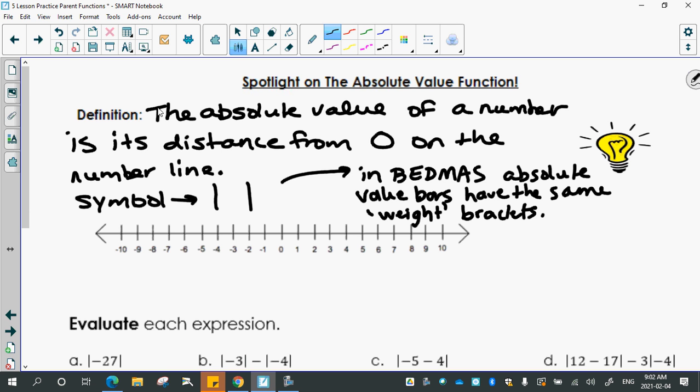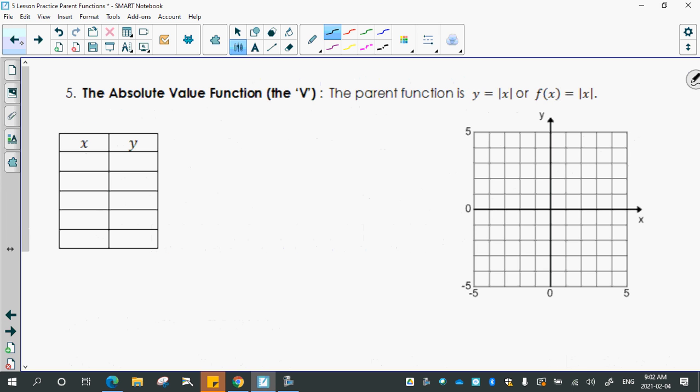Okay, so now we'll go back and do our absolute value function, see what it looks like. So the absolute value function, which I call the V, going to give you an idea what it looks like. The parent function is y equals the absolute value of x, or f of x is the absolute value of x. So I'm going to do -2.